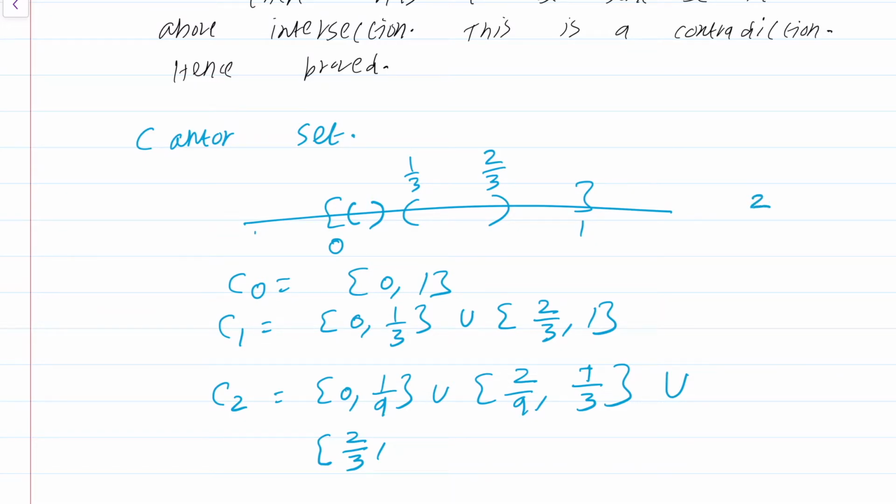That's just 2/3 plus 1/9. If you quickly do the arithmetic, this is going to be 7/9. Now the open interval (7/9, 8/9) is removed. So this is going to be union [8/9, 1].